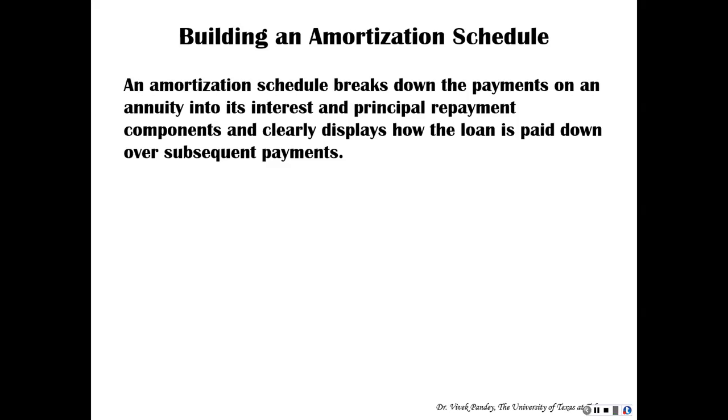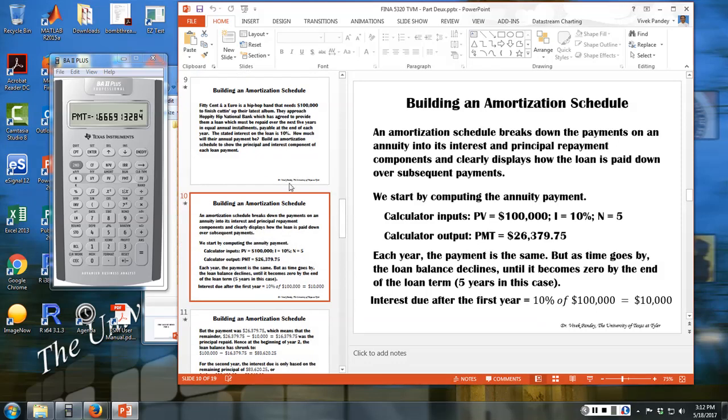So first let's find out what the payment on the loan is going to be. Second, clear TVM. We had $100,000 that is the loan amount, so $100,000 is the present value. I want the payment to come out as positive, so I'll make this negative.